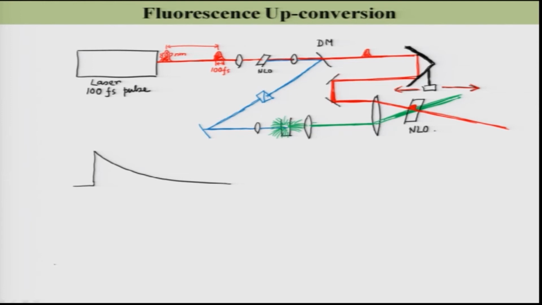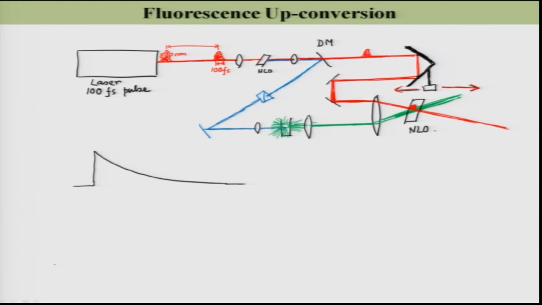This fluorescence intensity decay will be there for a given excitation pulse. Initially the intensity is maximum, then as time goes the intensity becomes smaller and smaller, and at a very long time it will be 0.